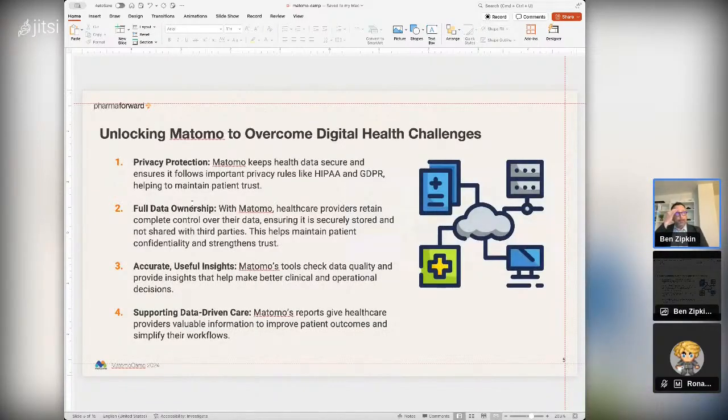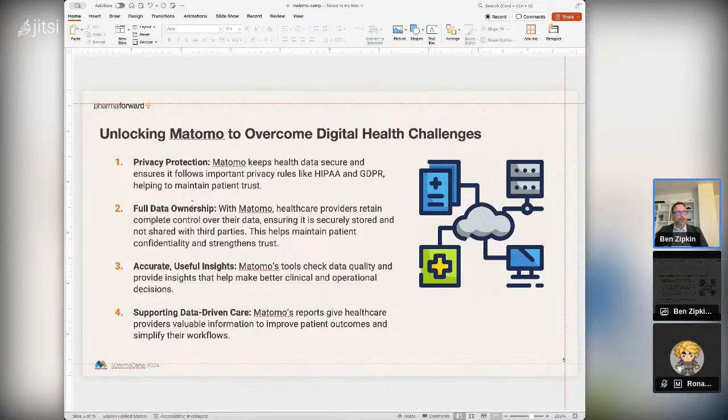So from a Matomo standpoint, there are some solutions that we've come up with in the last couple of years of working with Matomo, and things I wanted to cover as baseline areas for really optimizing and unlocking Matomo. Number one is privacy protection.